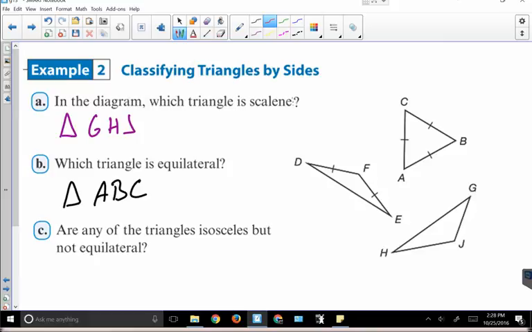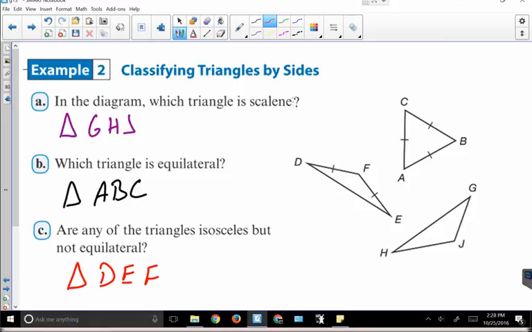Is triangle ABC isosceles? Triangle ABC isn't isosceles? Well, yeah. So my question would be, let me phrase it this way.